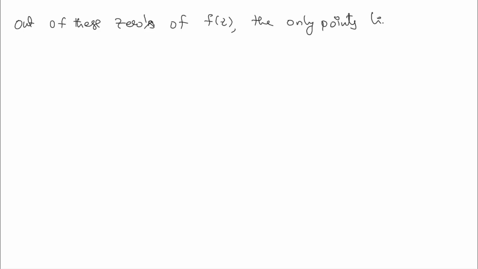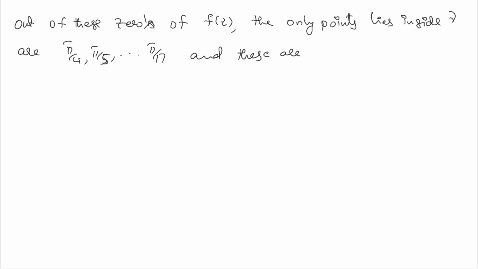So out of these zeros of f of z, the only points that lie inside gamma are pi by 4, pi by 5 to pi by 17, and these are 14.